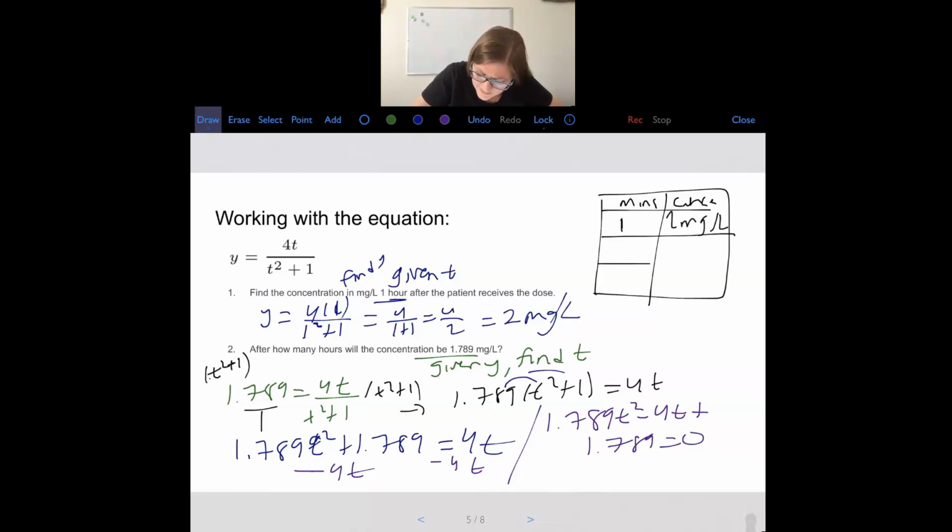Okay, and then let's say I had 1.789 milligrams per liter, and then I had like 3 hours here. Okay, so the value for T that you would pick would be between 1 and 3. There are 2 T values that will give you 1.789, but again, when you're filling out the concentration log, pick the value that makes sense according to the log.